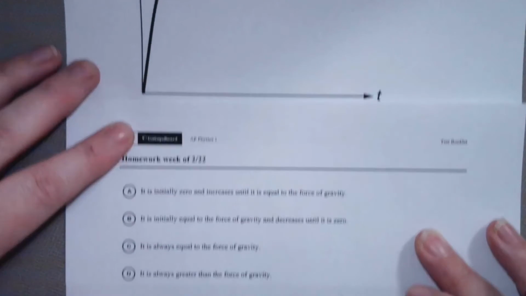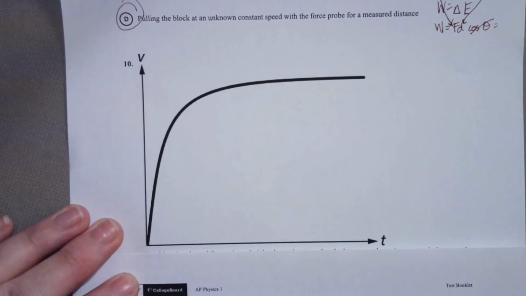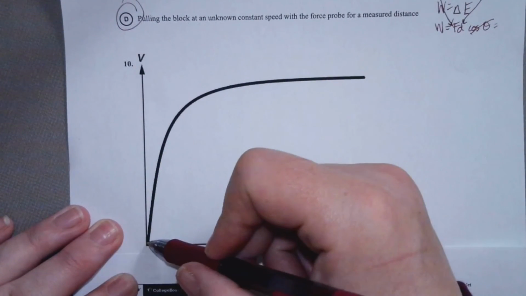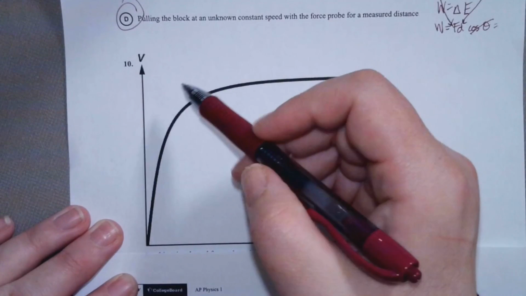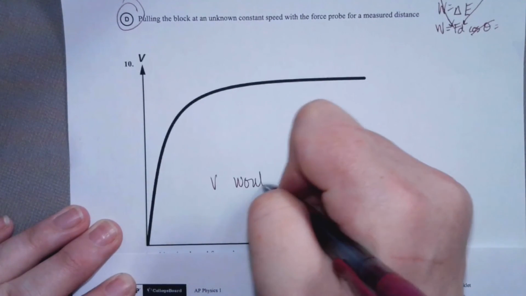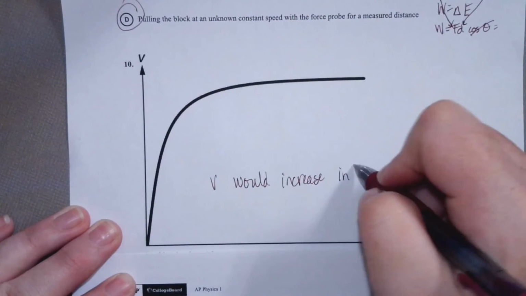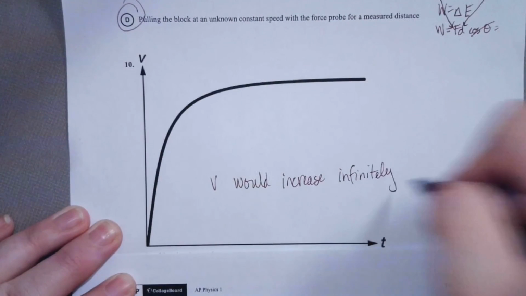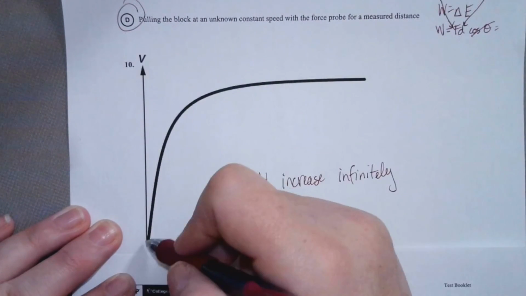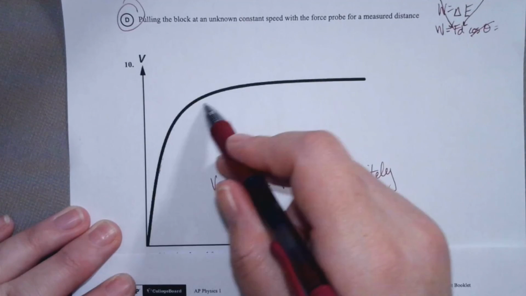So what we know is that if something were to fall down without the force of friction, v would just increase infinitely, right? It would just keep going on this path, but eventually it starts slowing down.